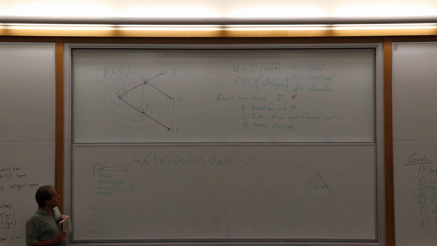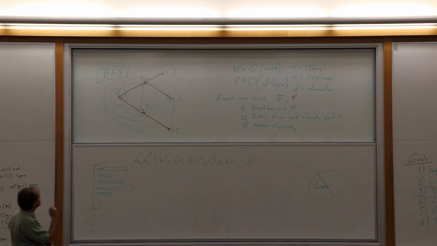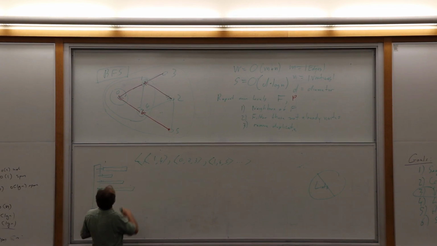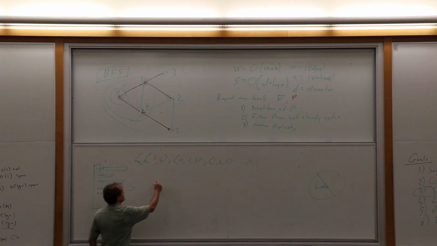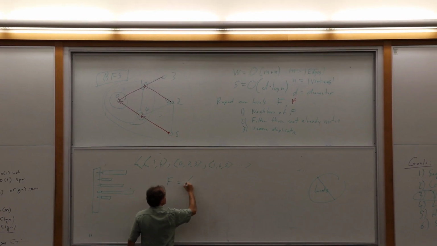So now what we can do is, if we look at each of these rounds, let's look at one of these levels and figure out what we have to do. So let's say that my current state, let's say I've just finished visiting 1 and 4, and I'm going to do the next level. So my frontier is going to equal the sequence 1 and 4.